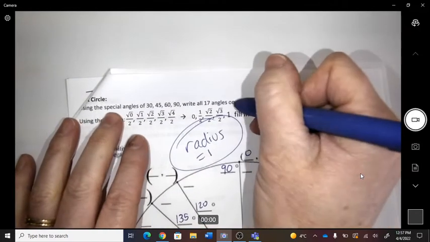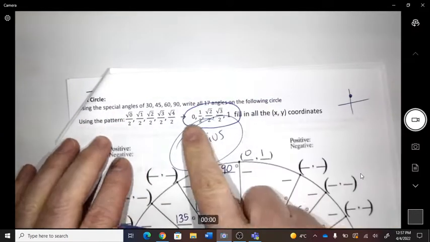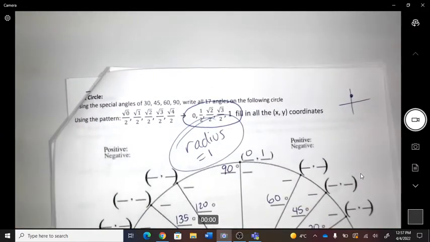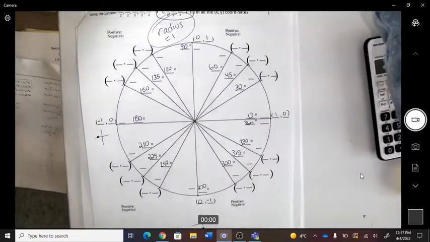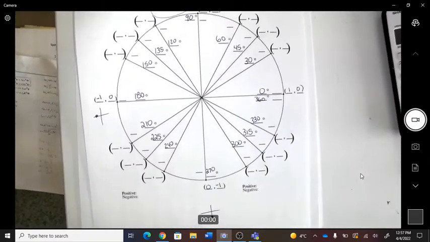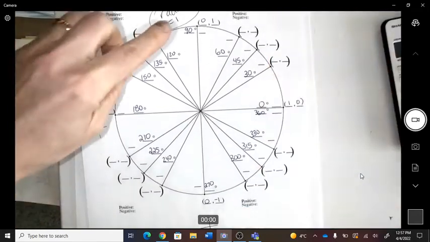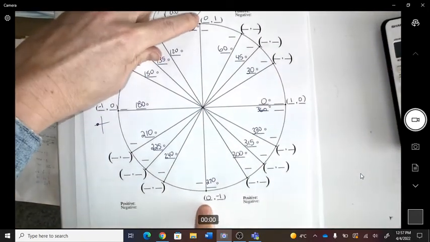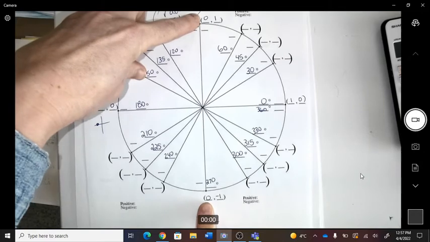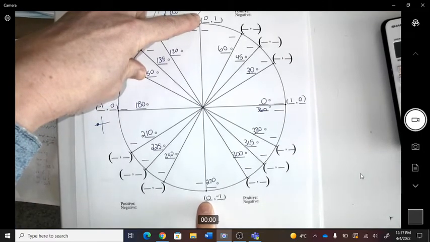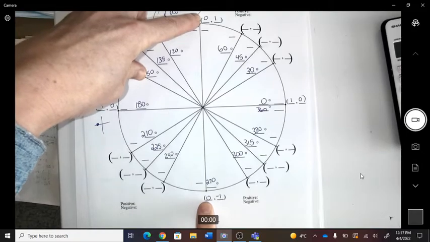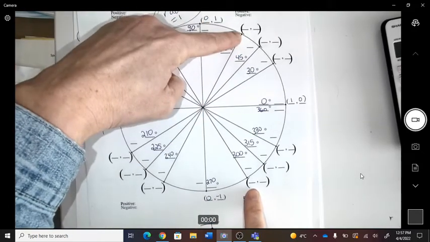I'm going to use these 5 items and fill out the whole circle. So here's what I do. I've got my finger on 90 and 270. They have an x value of 0. I'm going to move to the right.